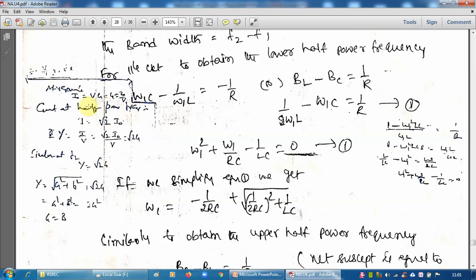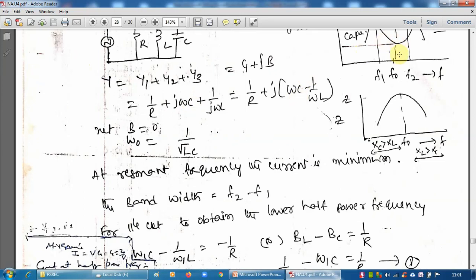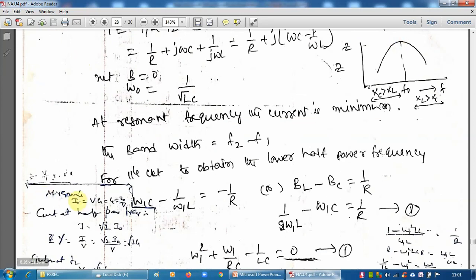You see, for the parallel circuit at resonance, that is at F0, the minimum value is I naught. And that I naught is equal to what?